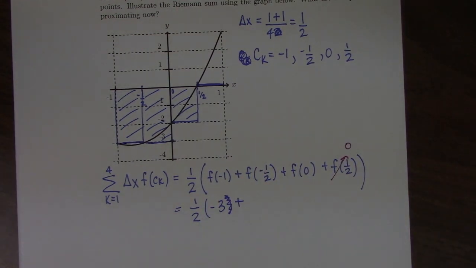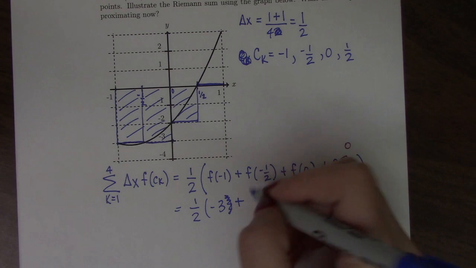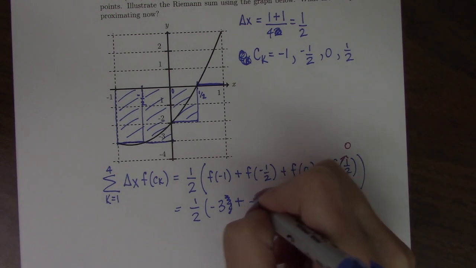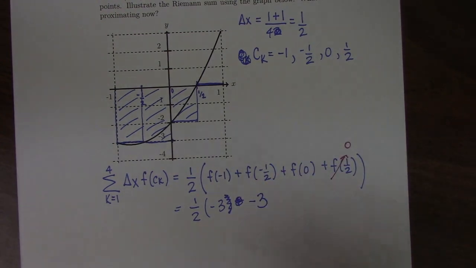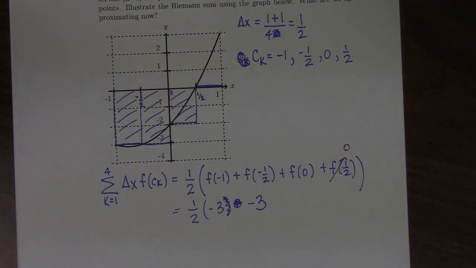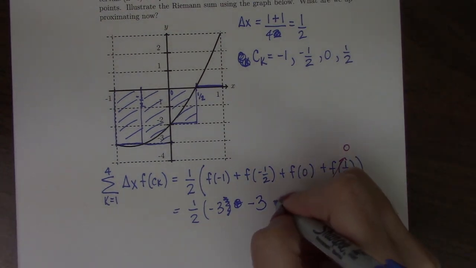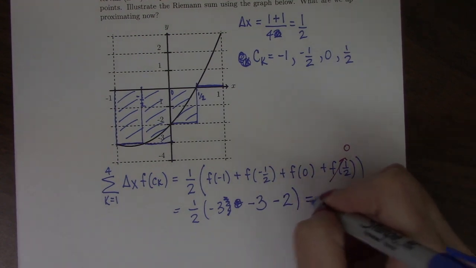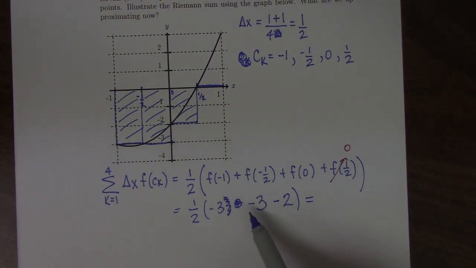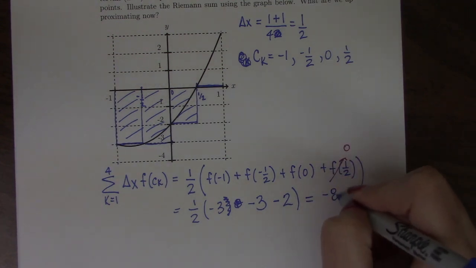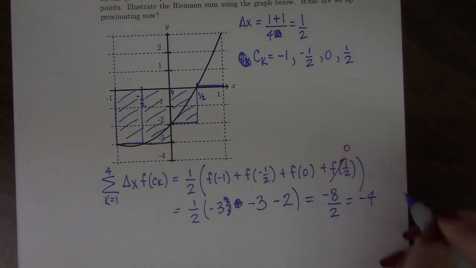If I calculate f of negative 1/2, I also get negative 3. And then if I do f of 0, I get negative 2. And so negative 3 plus negative 3 is negative 6, plus negative 2 is negative 8, and I get negative 8 over 2, which is negative 4.